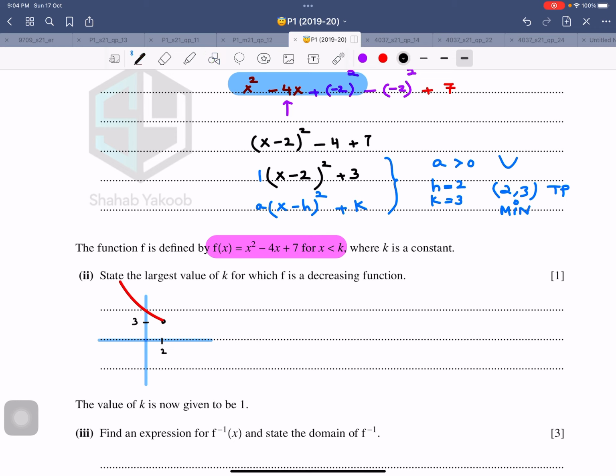So now if I go less than 2, this is a 1-to-1 function. It has an inverse, and it also has a negative slope. Negative slope means dy/dx is less than 0. Now, I have jotted down a few things.